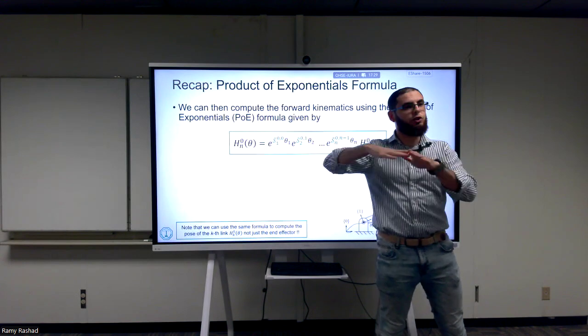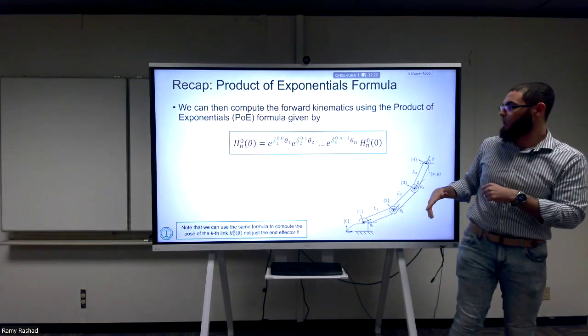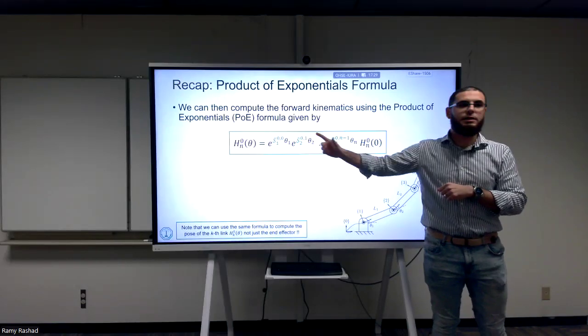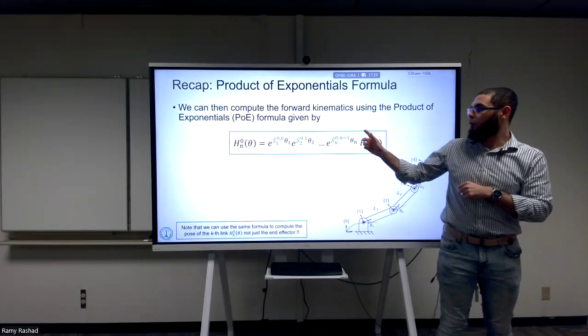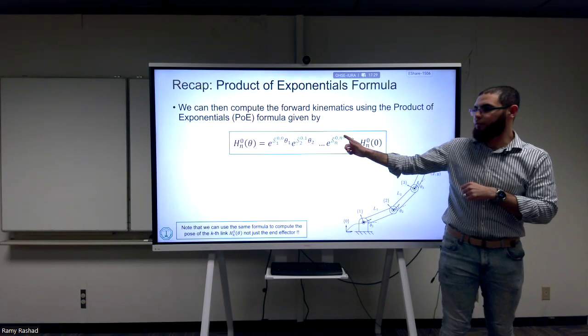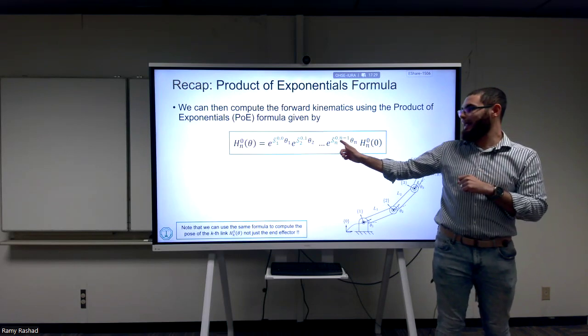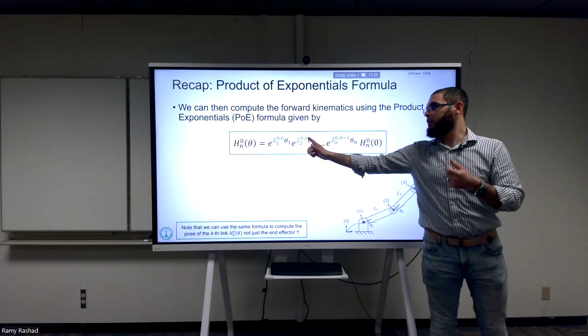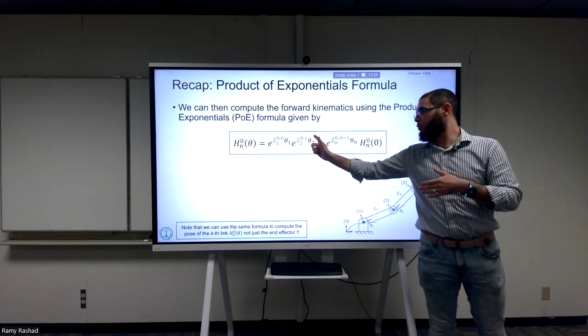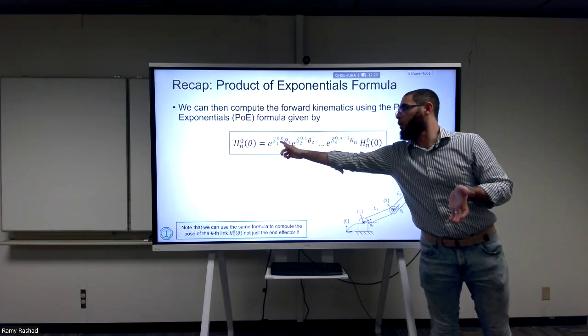So the home position is what you choose as the home position for the robot, and then you would simply multiply, in this order, by all of these relative twists between link n and link n minus 1, up till link 2 and link 1, and link 1 and link 0.